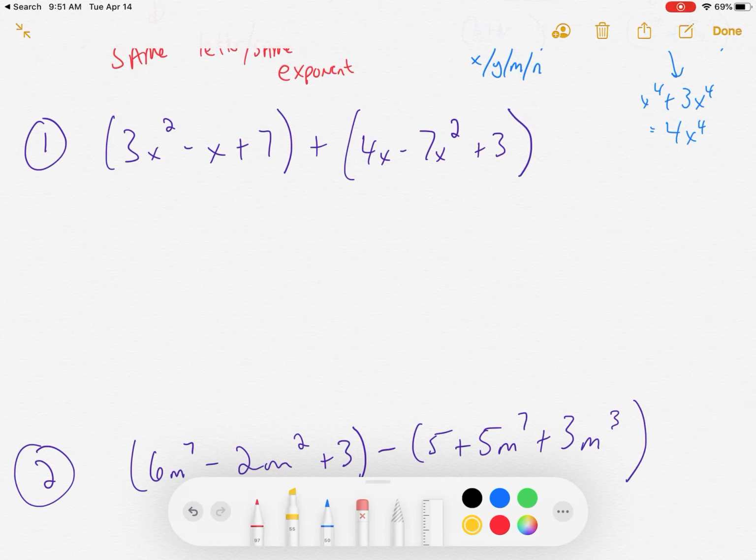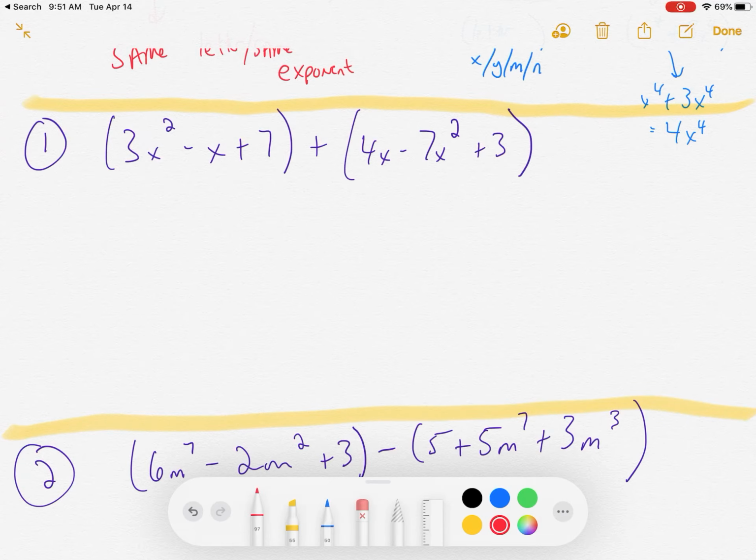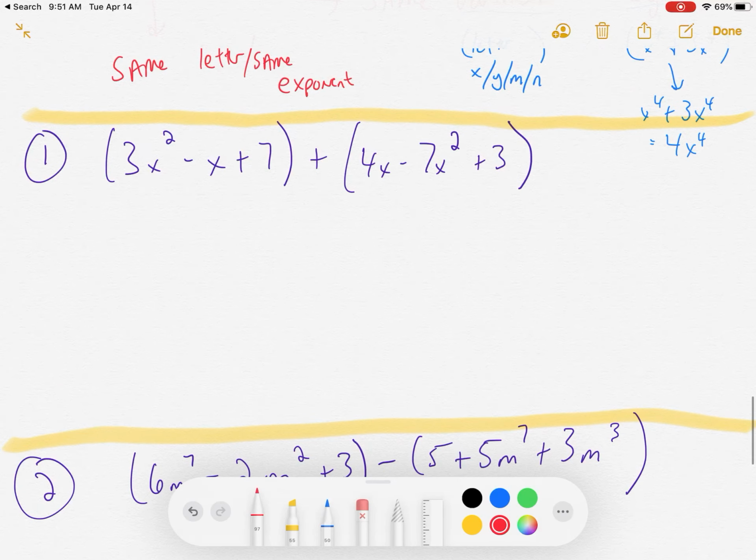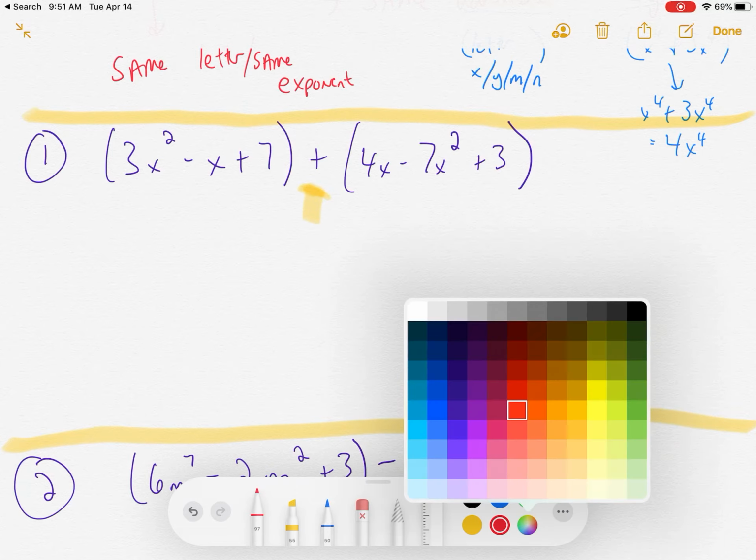Okay, so in number one here, I'm only worried about what's between the two yellow lines right now. So it is 3x squared minus x plus 7 plus 4x minus 7x squared plus 3. Now again, if it is a plus sign right here, that's a plus sign, just ignore the parentheses.